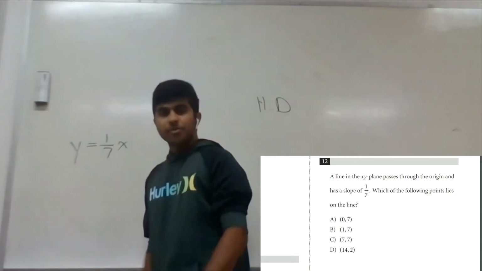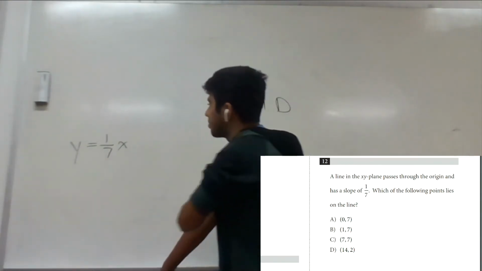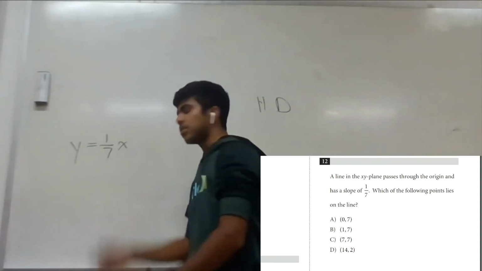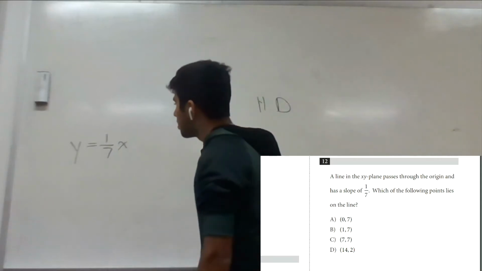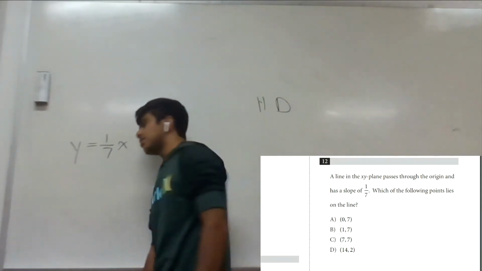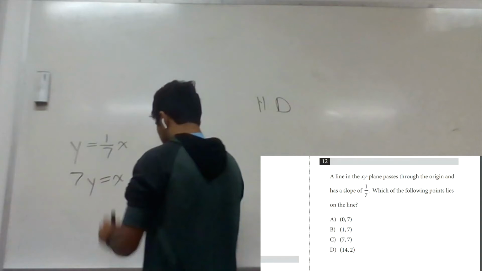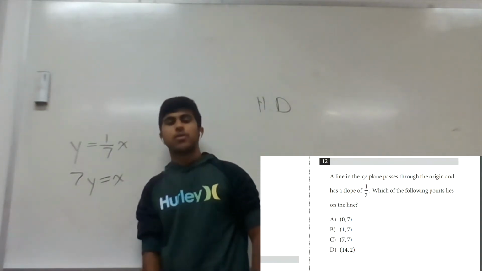Now, one of the points has to be on this line. You can either plug in all the points and see what happens, or you can notice that I can multiply both sides by 7 and get 7y equals x. So I want an x coordinate that's 7 times my y coordinate.